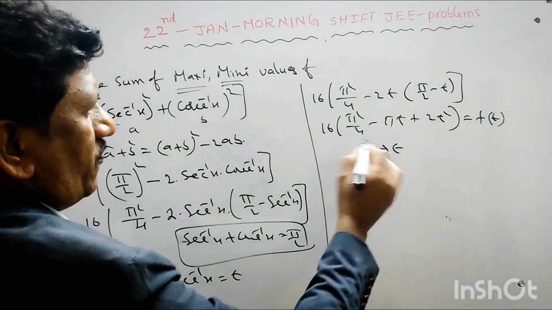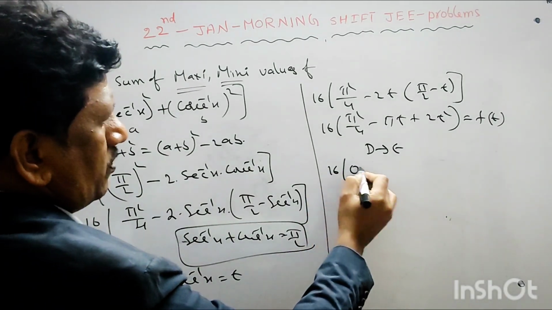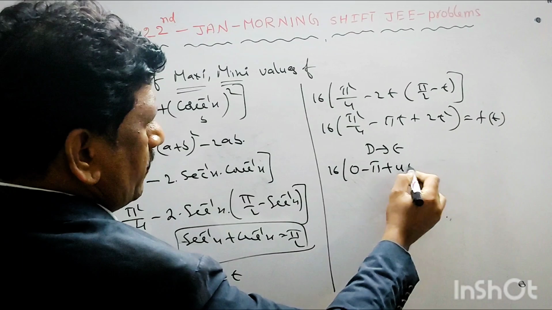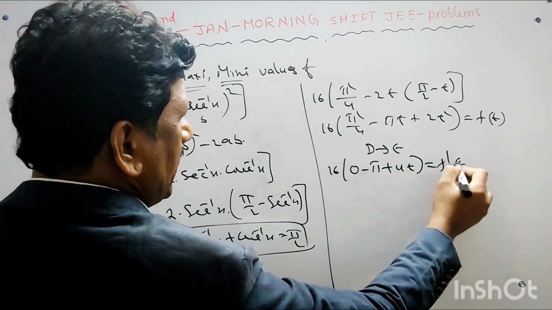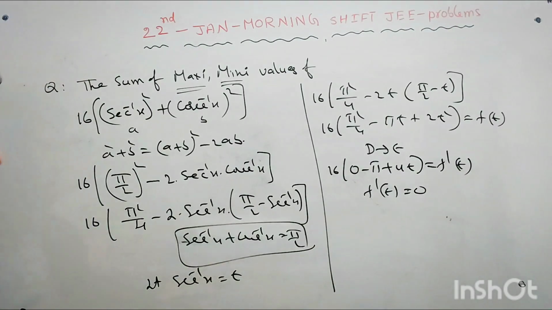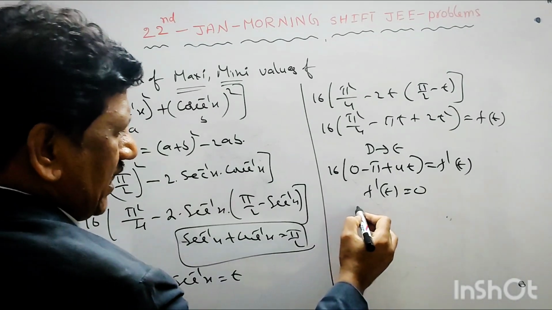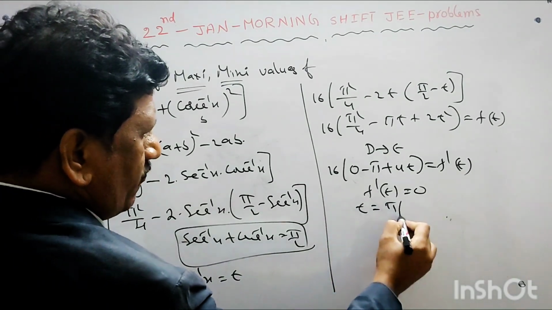If you apply the derivation, you will get 0 minus pi plus 4t, which is f dash of t. So apply f dash of t equal to 0. That means we have to find out the critical value. If we equate this entire step to 0, the value of t is equal to pi by 4.